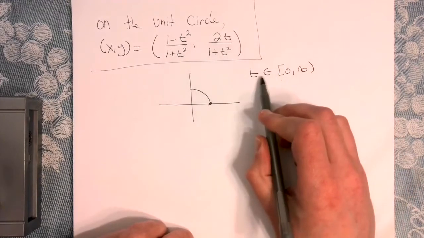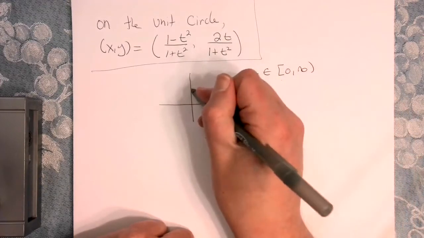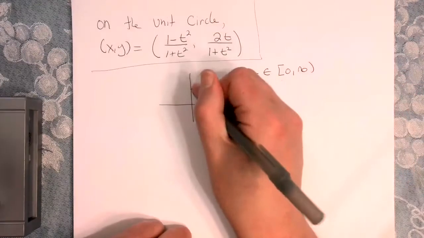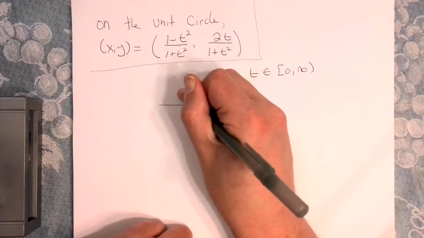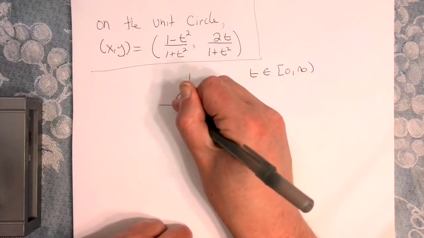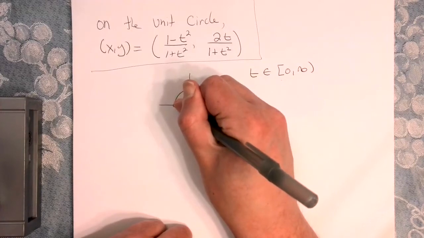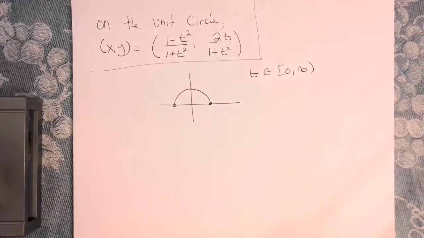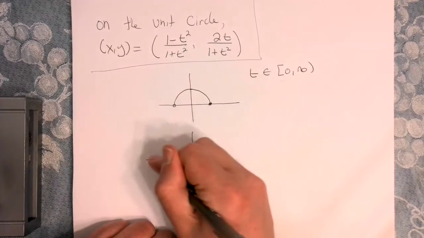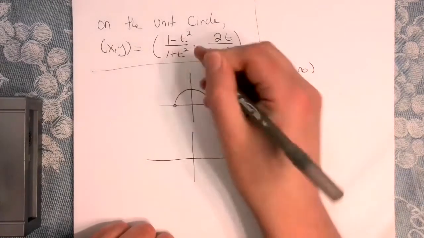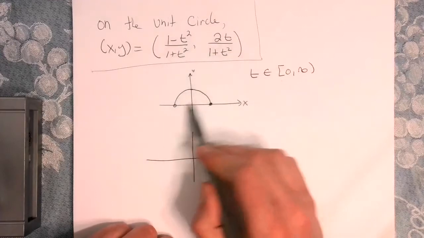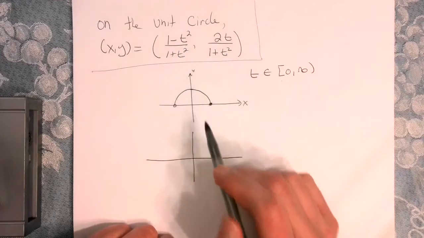But then for t from 1 on, it takes in limit t to go to infinity to get here. Now it will go here in limit, but I'm going to put an open circle there. And so that generates the top half of the unit circle.